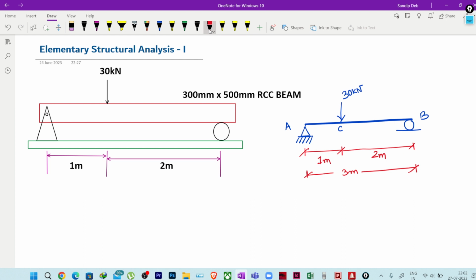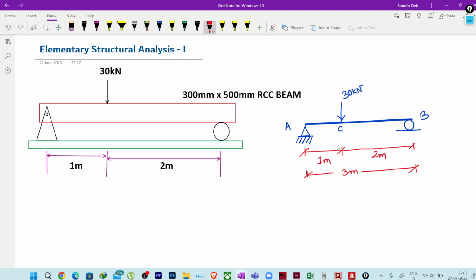Generally when we see this kind of problem in the books, we do not have the sizes of the beam mentioned. We just have a beam and the load applied, and we find the bending moment and shear force diagram and the results. But when you analyze the same in the real world, we have a beam which has a size, a width or depth, and also some material is assigned.